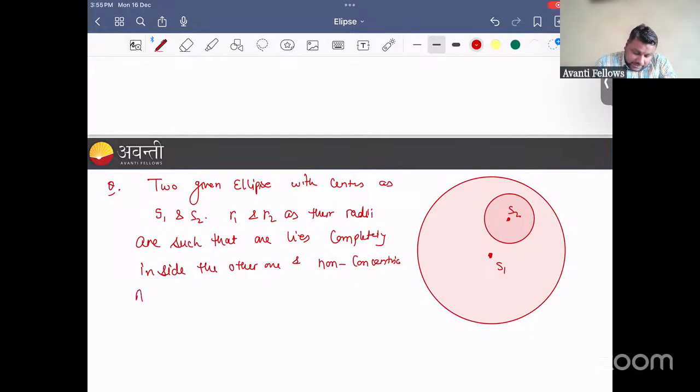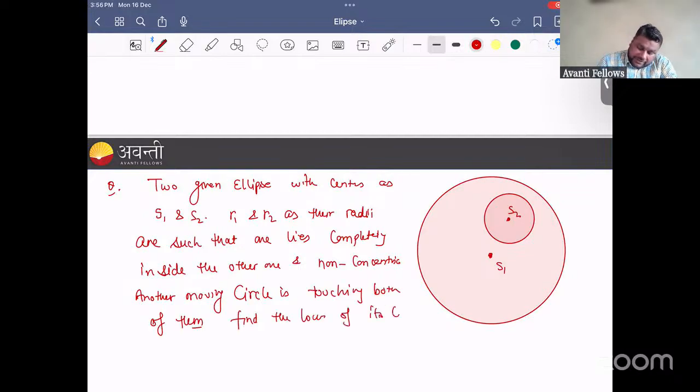Now another circle, another moving circle, is touching both of them. Find the locus of its center.